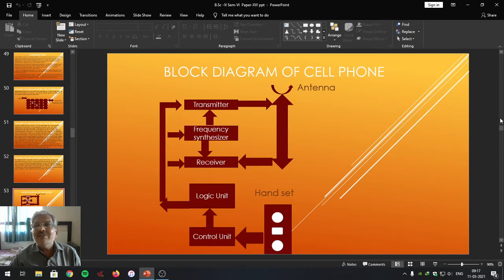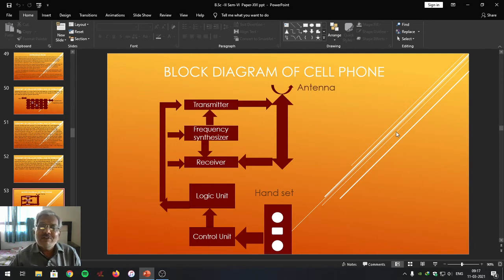We studied that a cell is a geographical region in which it uses high power transmitter and receiver to communicate the signal.